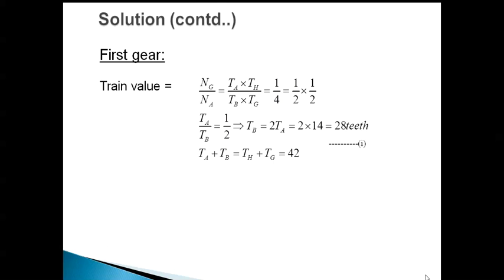So driven speed by driver speed, NG by NA, equals the product of the number of teeth on the drivers by the product of the number of teeth on the driven. Here the drivers are gear A and gear H. So TA into TH by TB into TG equals the train value for the first gear, which is given as 1 by 4. That is equal to 1 by 2 into 1 by 2.